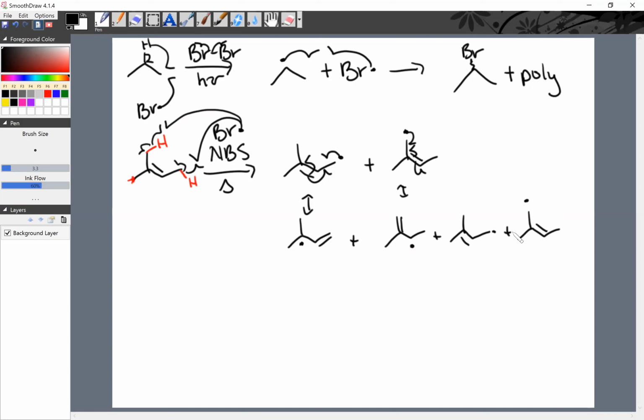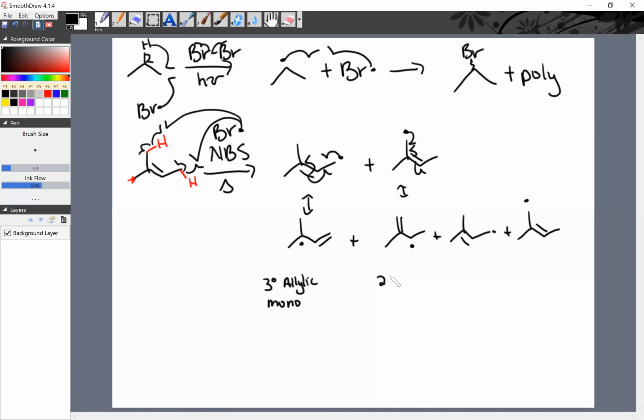Let's talk about their stability first. All right, so this one, yes, it's allylic. Okay, so it's secondary, it's allylic, but that's not the only thing that contributes to stability. This also has a monosubstituted alkene. All right, and I said secondary, that is a tertiary. All right, so I've got tertiary, allylic, and monosubstituted.